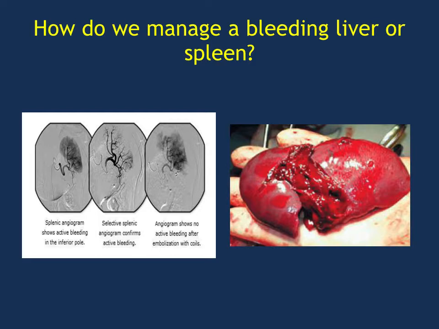But if they really are having active bleeding, you can have interventional radiology do an angiogram and selectively embolize the bleeding blood vessel, which is depicted here on the left side of the screen. And on the right, that's presumably a non-salvageable spleen. The patient was probably hypotensive, kept bleeding, and had to go to the OR.